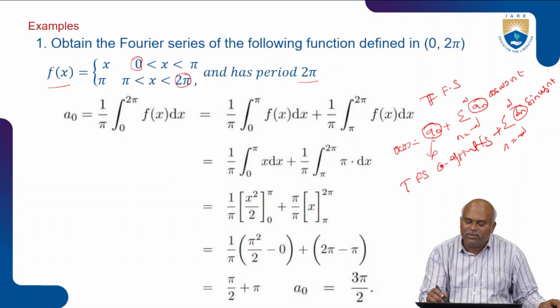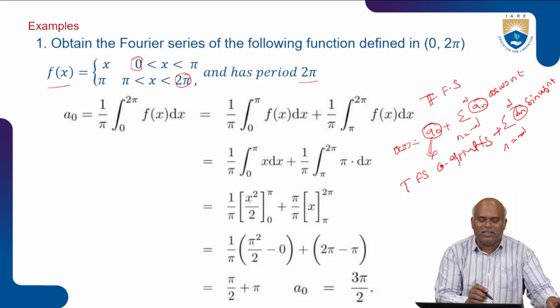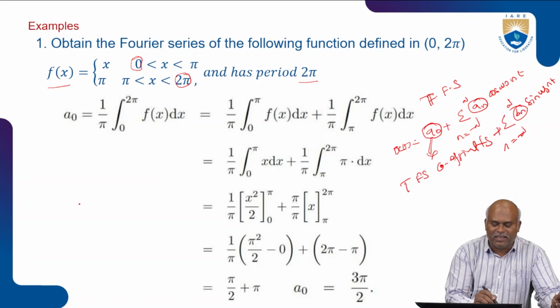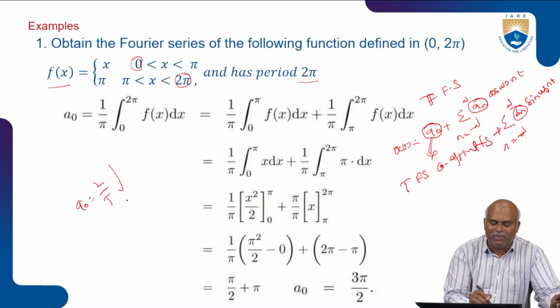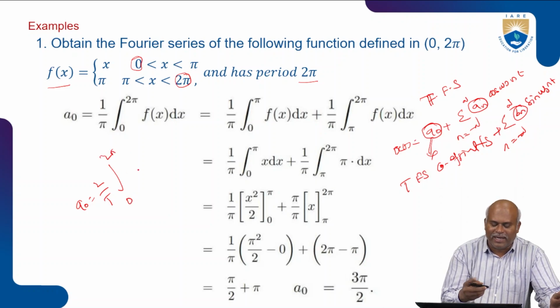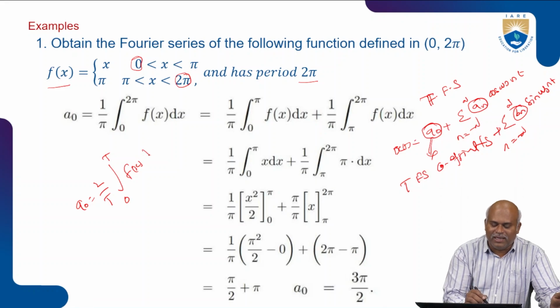So a0 we know, as when we studied the trigonometric Fourier series, I said a0 is equal to 2 by T, the integration over the interval of the total signal, 0 to 2 pi, or we write it as 0 to T, of f of x, that is x of t, dt.